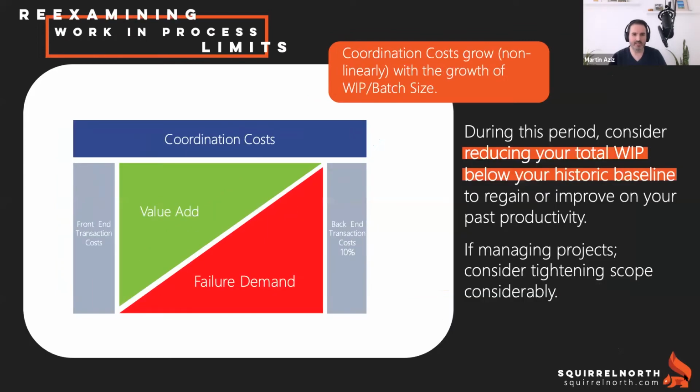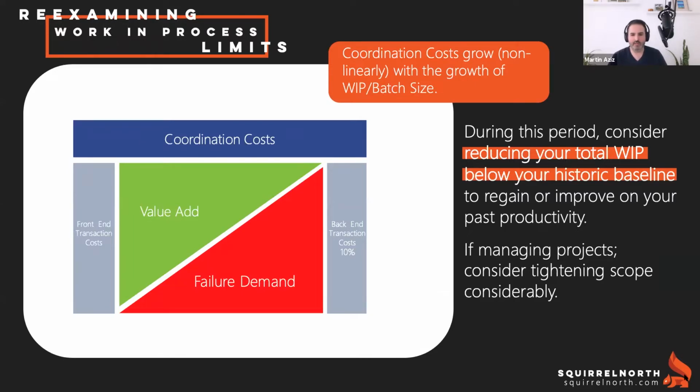Now, the good news is Kanban has already really considered this problem for some time, and we really know what the main antidote is. And that is really going back to one of the tried and true methods within Kanban, which is looking at your work in process.